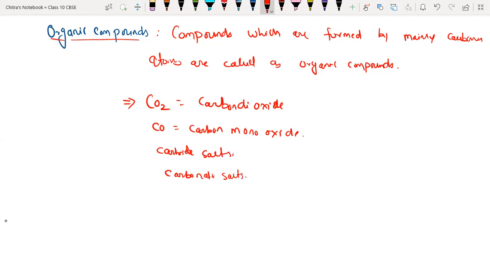In carbonate salts, generally we have sodium carbonate, sodium bicarbonate, calcium carbonate. We use those in our daily life also. Sodium carbonate is used for the preparation of washing soda, and sodium bicarbonate is for baking soda.